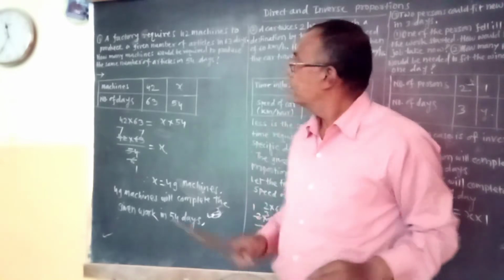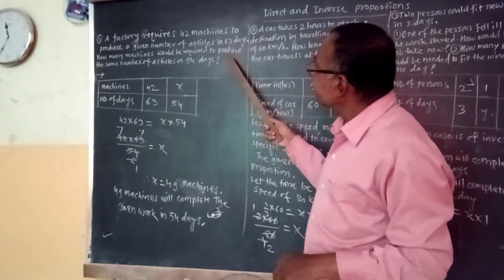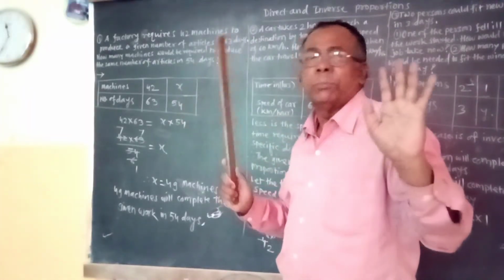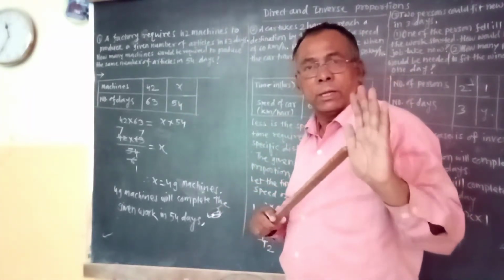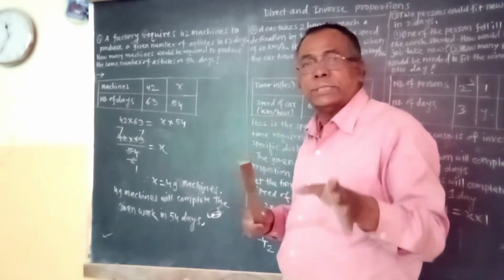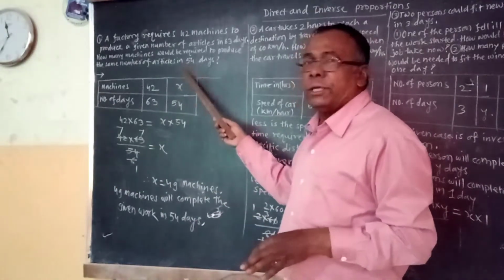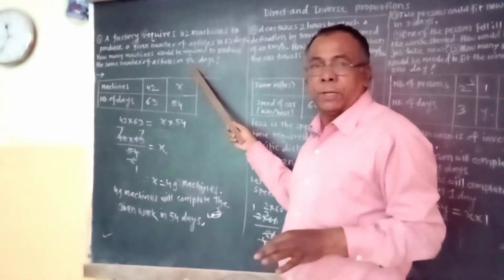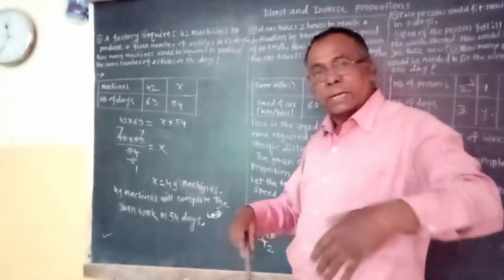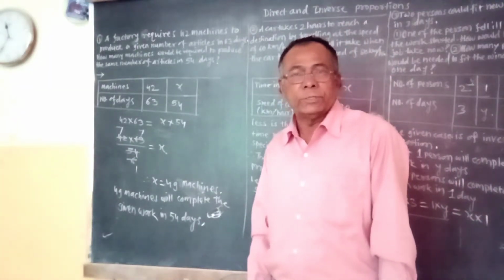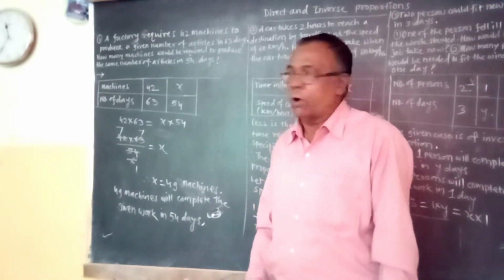Suppose X, we don't know the number of machines. So let us assume X machines will complete the given number of articles in 54 days.